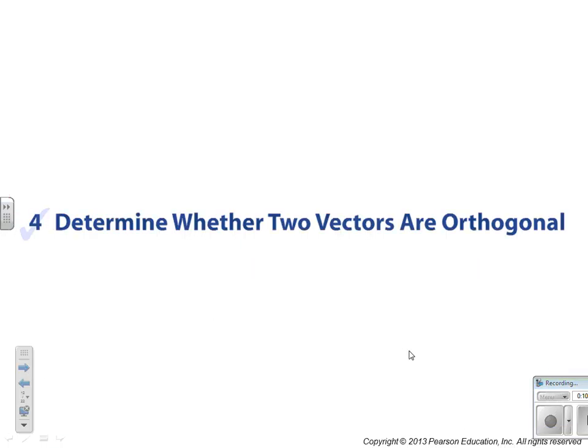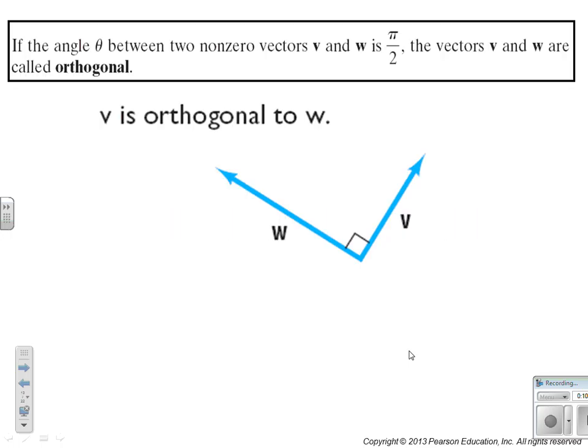Now we're going to figure out whether two vectors are orthogonal. If the angle theta between two vectors v and w is pi over 2, then the vectors v and w are called orthogonal. So v is orthogonal to w if the angle between them is 90 degrees.